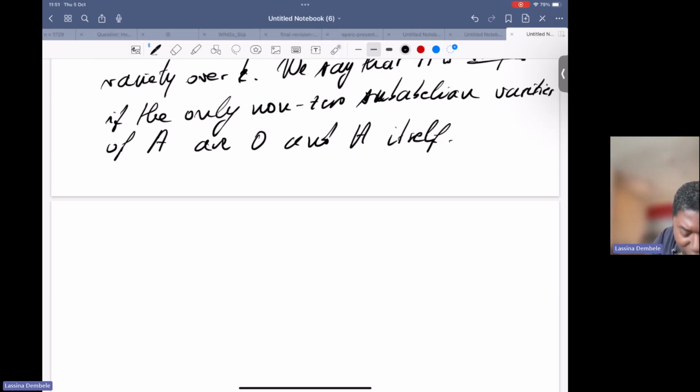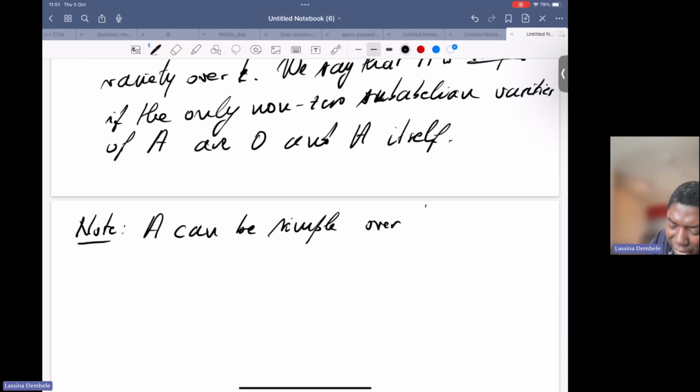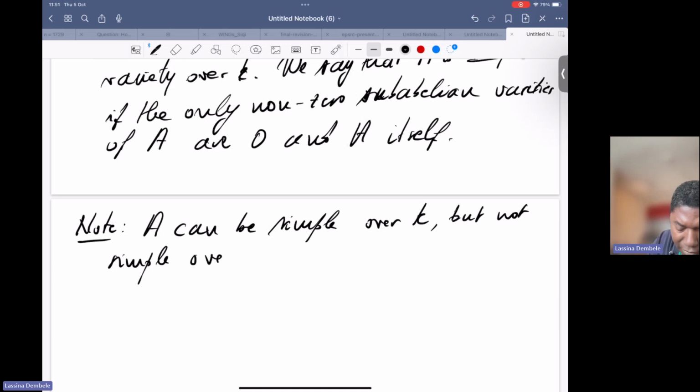So that's the first observation, which is that A can be simple over K, but not simple over an extension K prime of K. So the field over which your abelian variety is simple is very important.